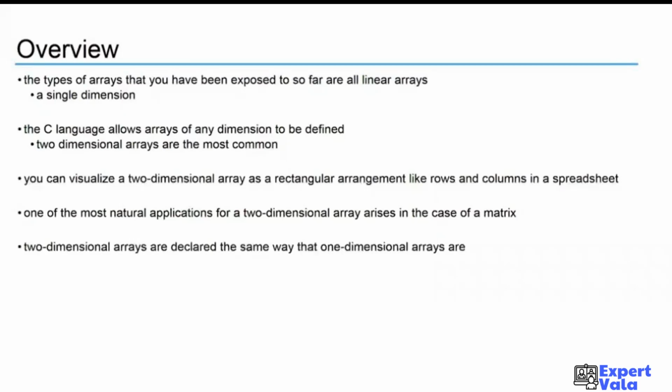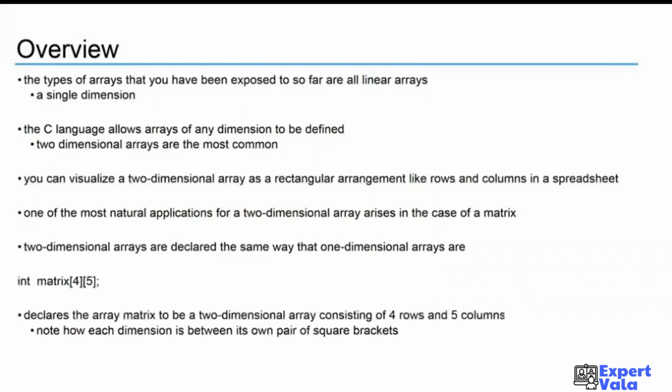Two-dimensional arrays are declared the same way that a one-dimensional array is. The only difference is you now have another set of brackets. So in this example, we are declaring an array named matrix of type int, which has 4 rows and 5 columns. That means you can store 20 elements inside that two-dimensional array.